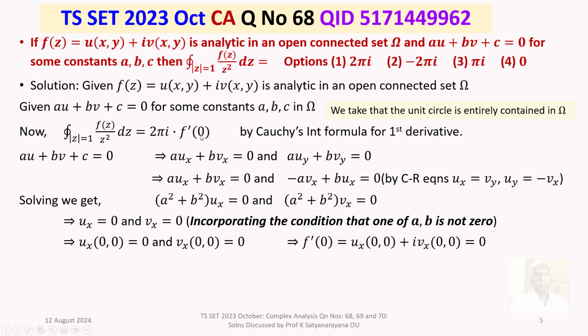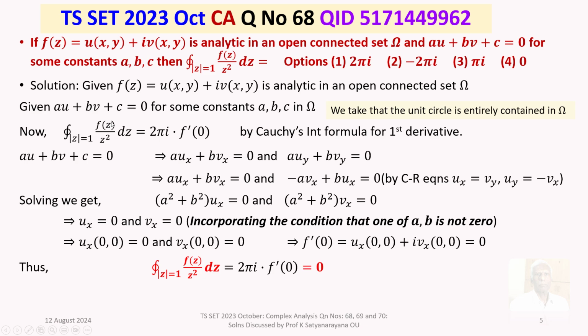And mind you, this 0 is the complex number 0, that is z minus 0 whole square, and these are the ordered pairs. So f'(0) is u_x at (0,0) plus i v_x at (0,0), and each is 0. Therefore f'(0) is 0. So go back to this integral taken round.